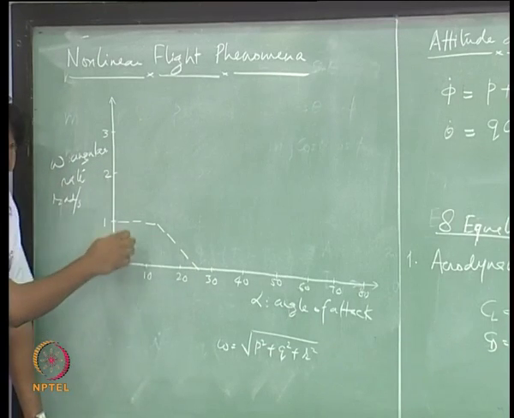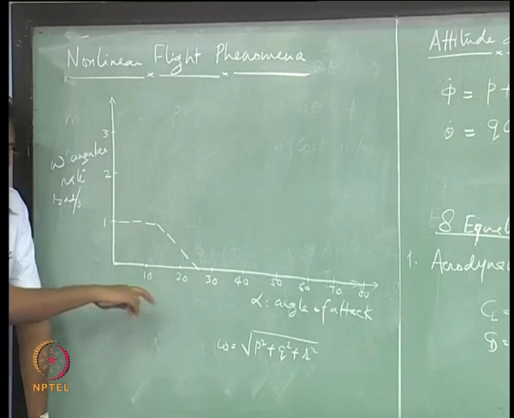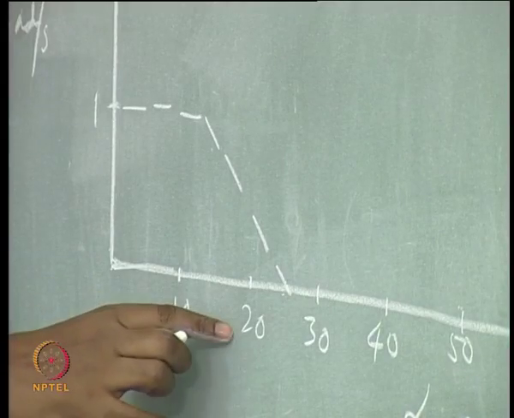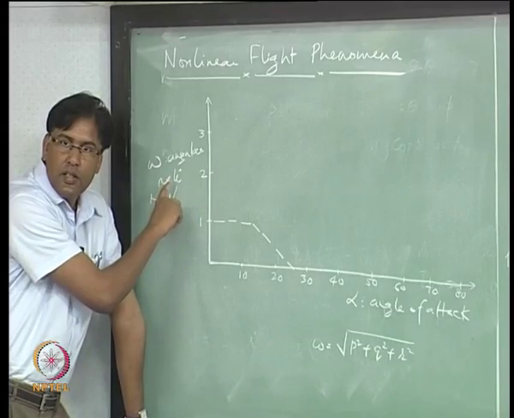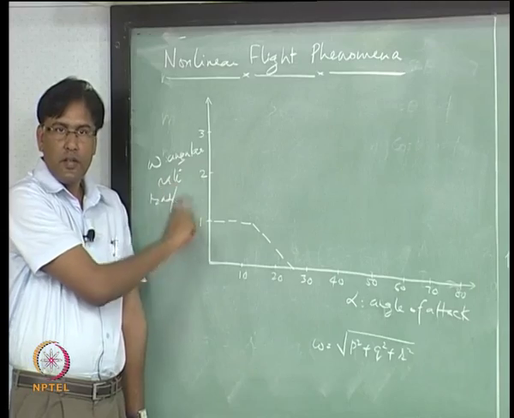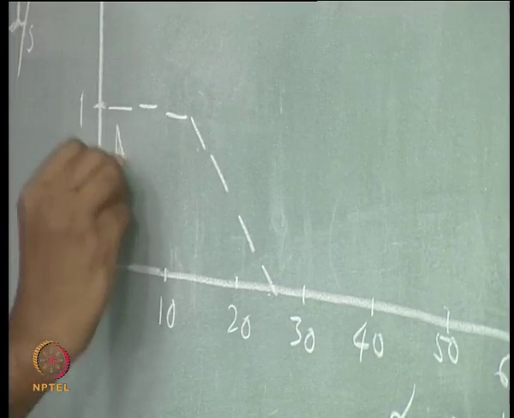So this is your normal flying regime, okay. This is a normal flying regime when you are flying below this alpha and below this value of the absolute angular rates.